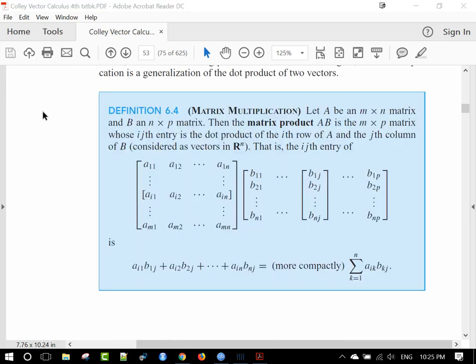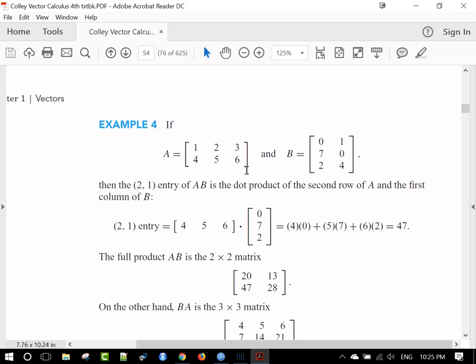Okay, so going back to this definition, we said, how do we get the ijth entry in the result? So that would be like, how do we get this result? If this is the ijth entry, i would be the row, so this is 2, 1, because the column is 1.